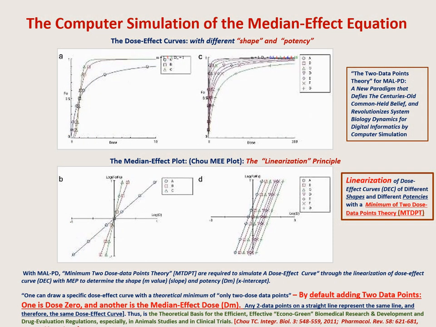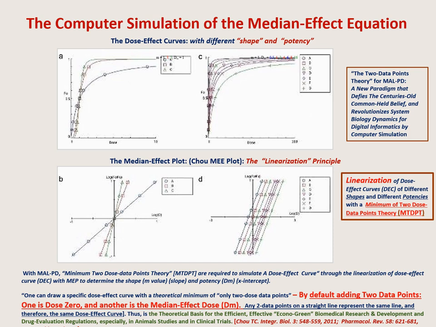Most significantly, the computer simulation of median effect equation with the median effect plot linearizes all those effect curves with different shapes and different potencies. This linearization approach leads to the minimum two-dose data point theory that adds two doses by default.